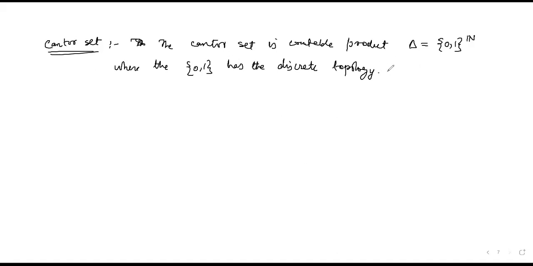So we take the discrete topology, meaning delta is the collection of sequences of this type x1, x2, and so on, where xi is either 0 or 1. Actually we can replace {0, 1} by any 2-point set, it makes no difference, it would still be the same topological space.